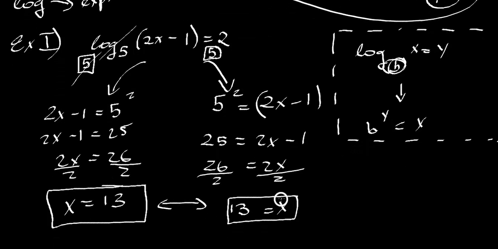When you solve for x, and you have one solution or two solutions, or however many solutions, you need to make sure that when you plug it in, when you plug 13 for x, you don't end up with a negative number. So obviously, we will not get a negative number, because 2 times 13 is 26, minus 1 is 25. Since 25 is a positive number, you're good. So this is the right answer.